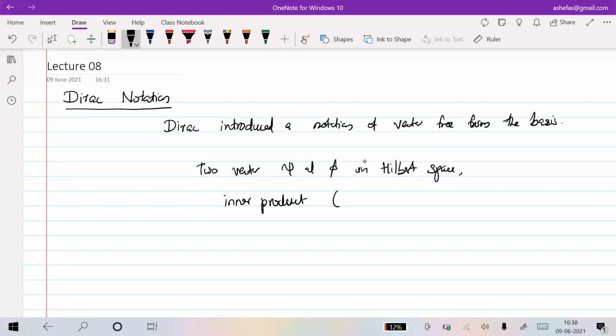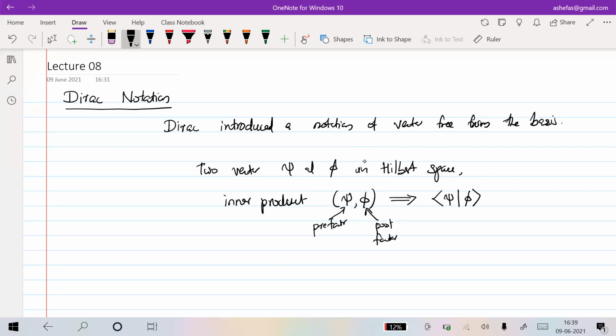So inner product, what usually we write as (psi, phi). And what Dirac has done is he has replaced this notation with a new way, <psi|phi>. Okay. Now earlier this psi is called the pre-factor and this phi is called the post factor.